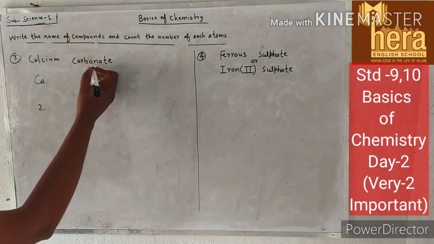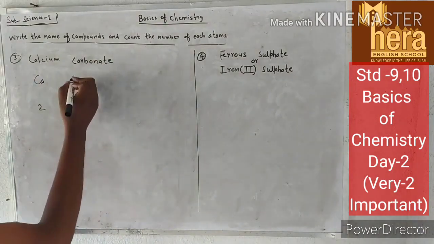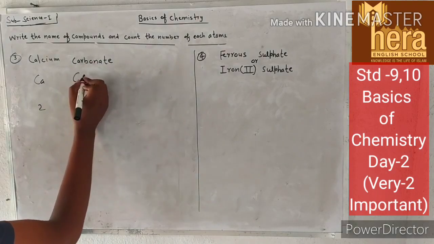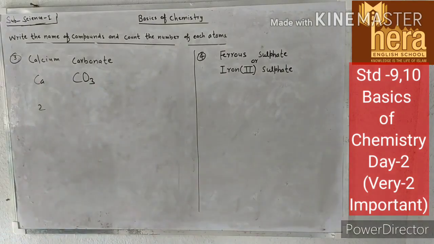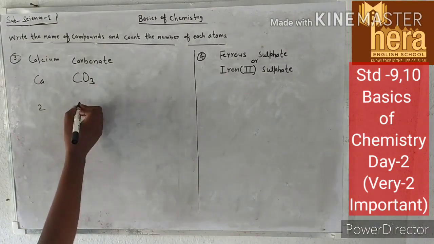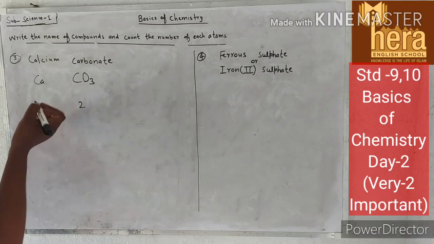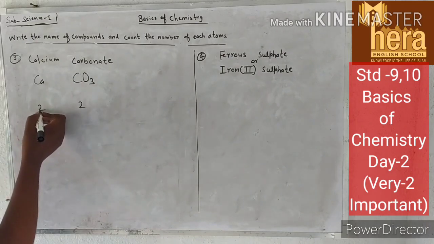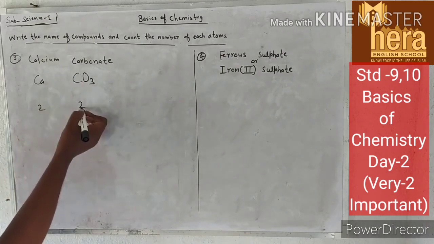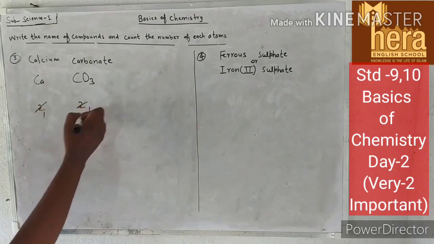Carbonate, find in table number 4, that is capital C, capital O, 3, CO3. Its valency is 2. See, in the table of 2, this will come. So 2 and 2, 2 and 2.